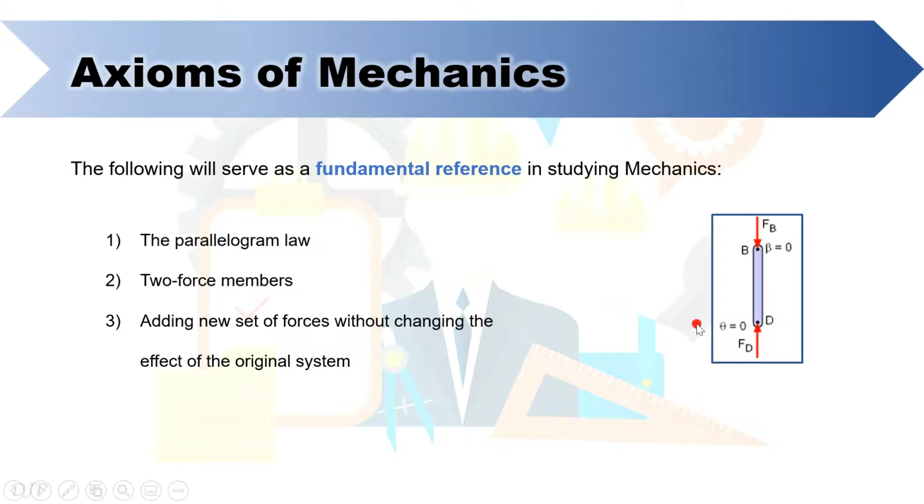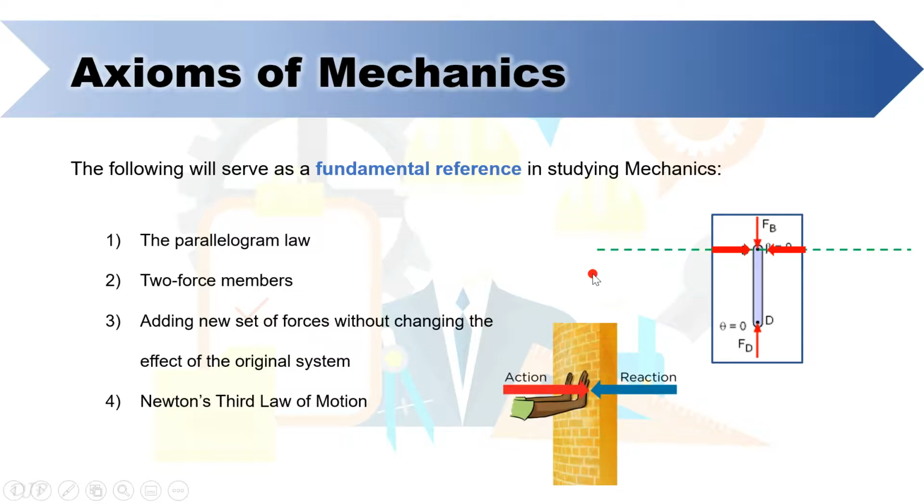If in this figure we add two new forces, and these two added forces are equal in magnitude, collinear and oppositely directed, this new set of forces will not affect the equilibrium of this body. So this is the third axiom of mechanics. Lastly, we have Newton's third law of motion, which we have discussed previously, in which for every action there is an equal and opposite reaction.